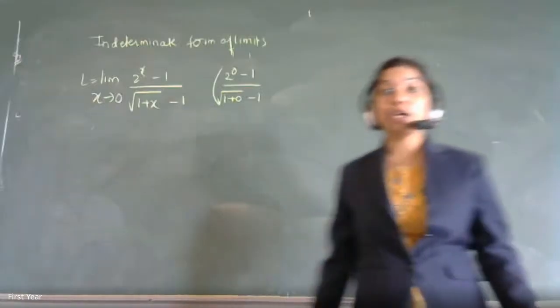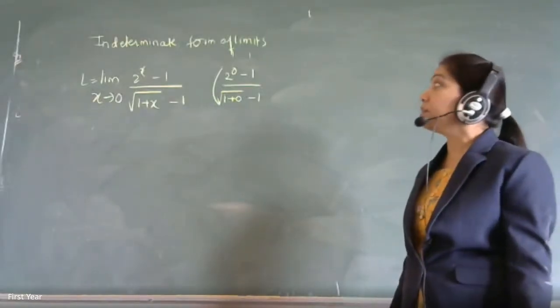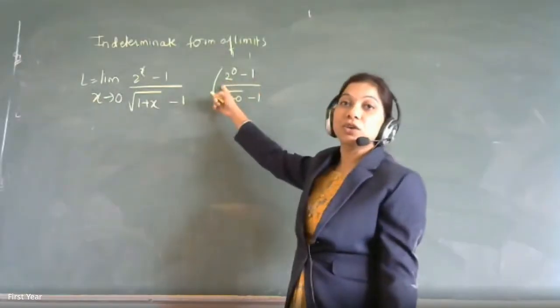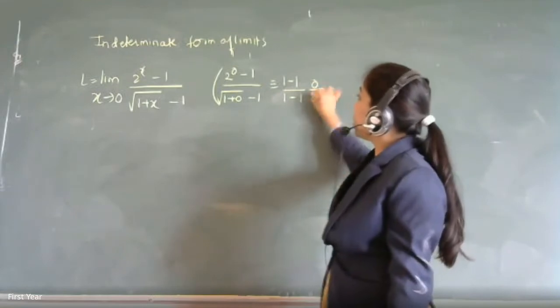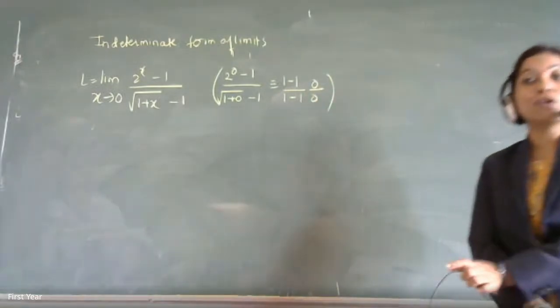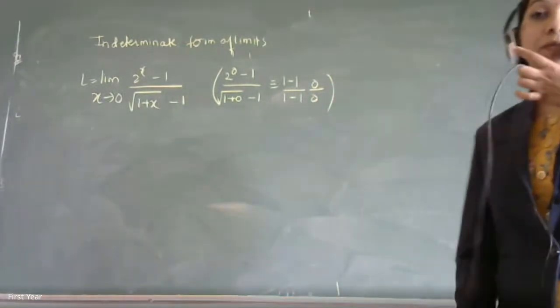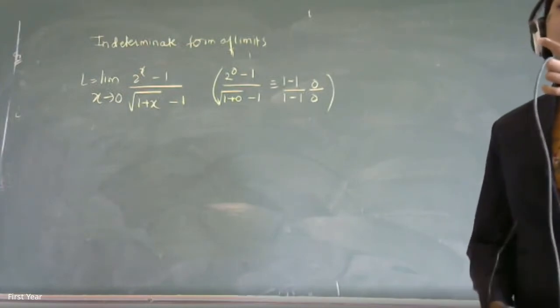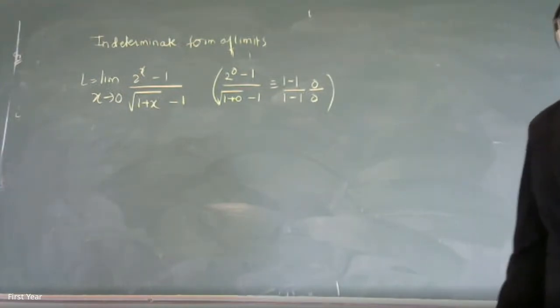But is it only the denominator which is 0? The numerator is also 0, 2 raised to 0 is 1, so it is 0 by 0 form. Are you getting this? Is it clear, Shivam? Yes, ma'am.